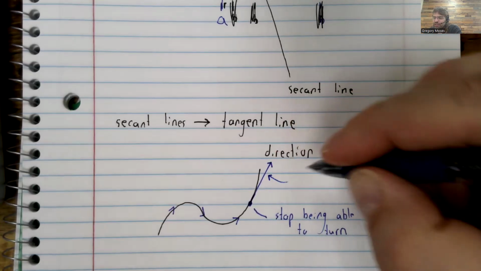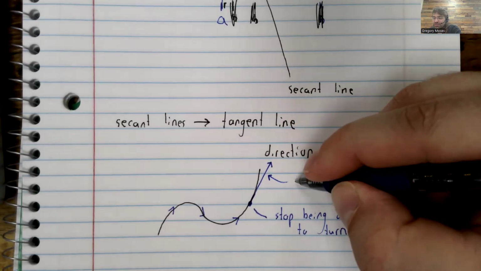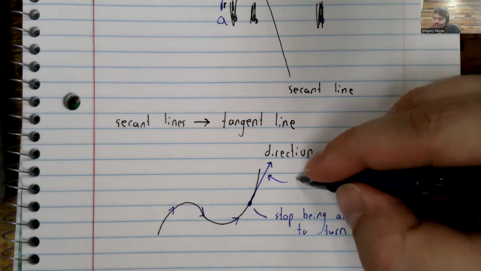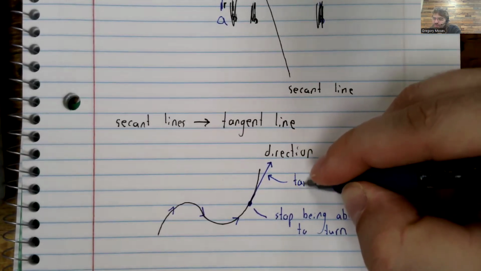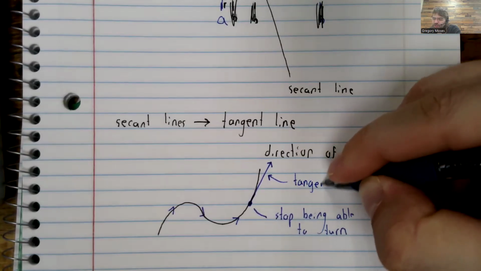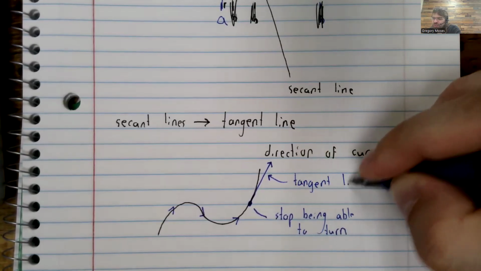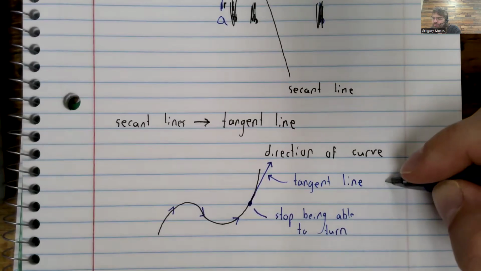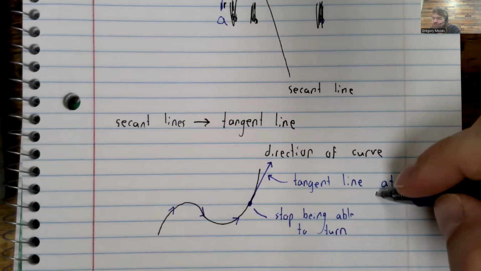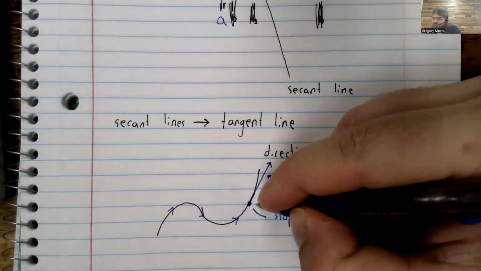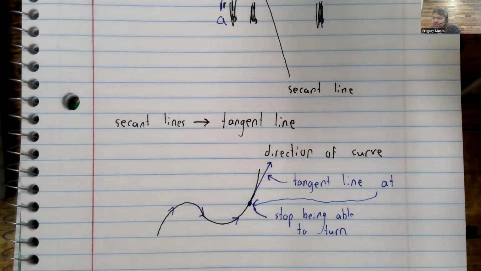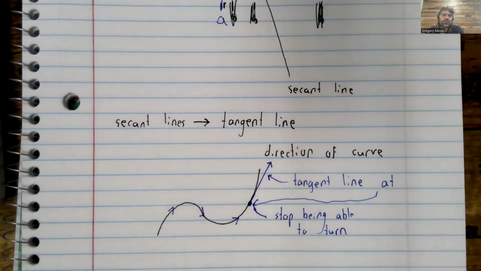And that straight line is specifically the tangent line at this point where we lose control.